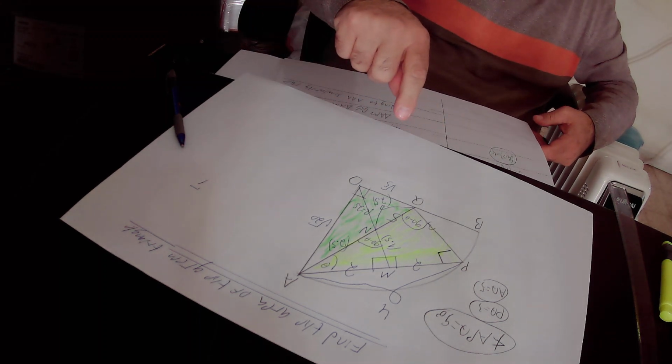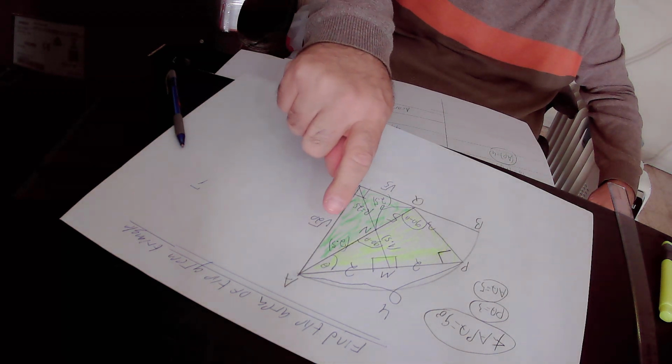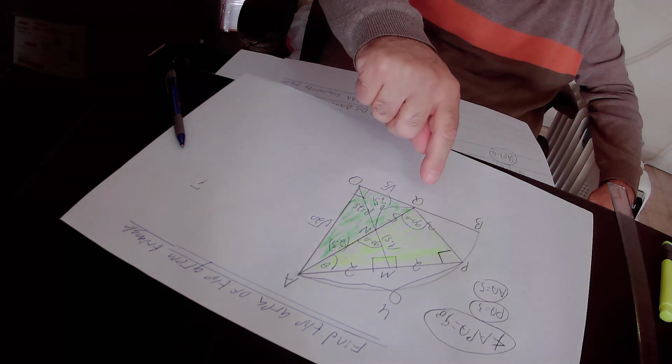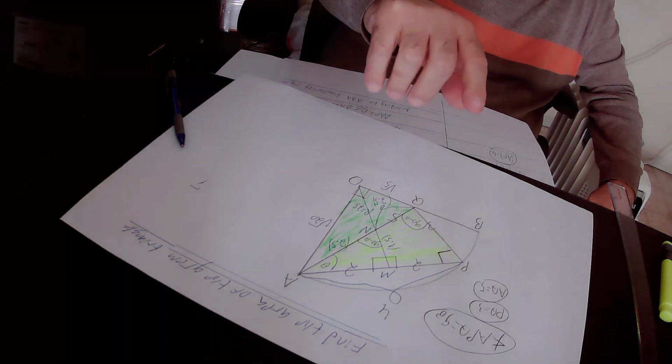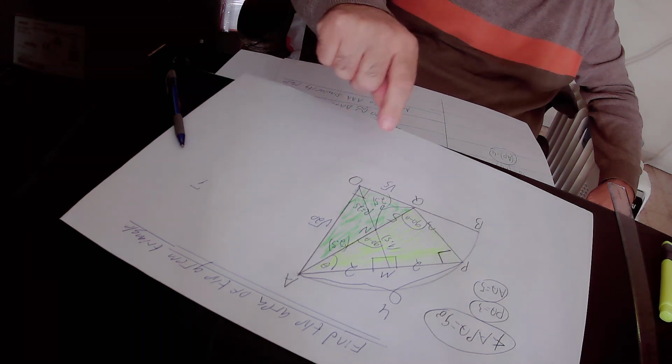Inside the quarter circle, we have line segment AQ that is equal to 5 units, line segment PQ equals 4 units, angle APQ equals 90 degrees, and our mission is to find out the area of the green right triangle AQO.